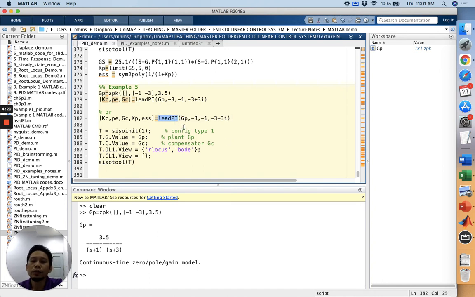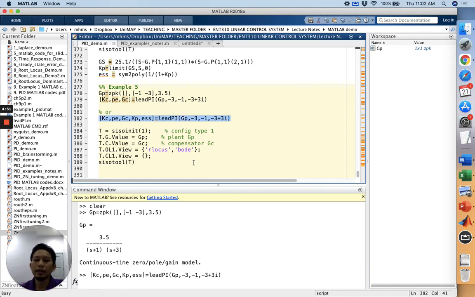The input to the leadPI function is the plant, the value of ze and the value of za, as well as the closed loop poles value. I will get a few parameters from this function, which are Kc, pe, Gc, Kp, and the steady state error. Let's try to run this function.